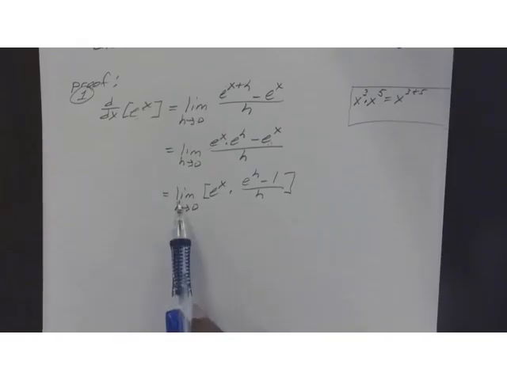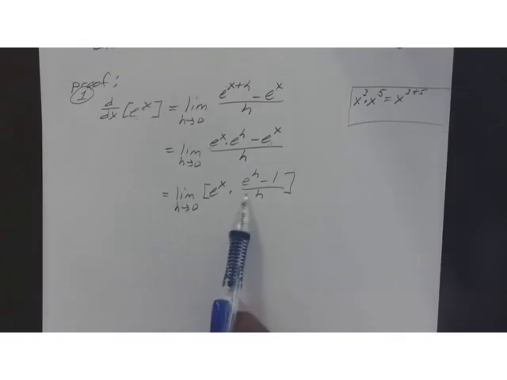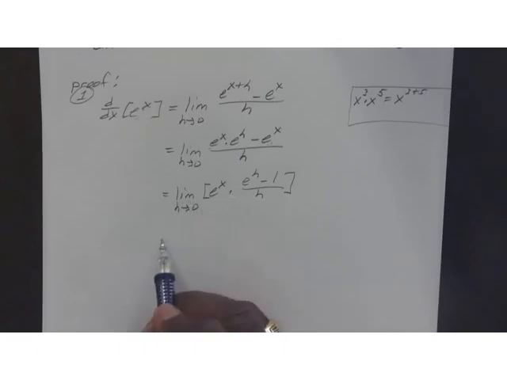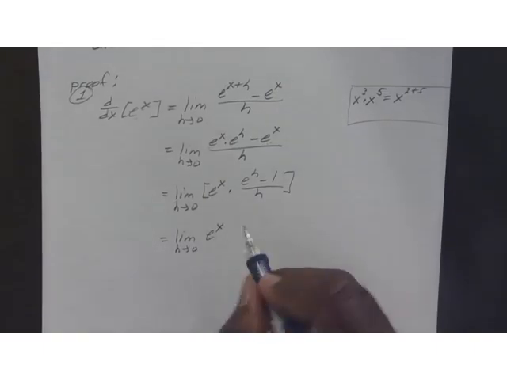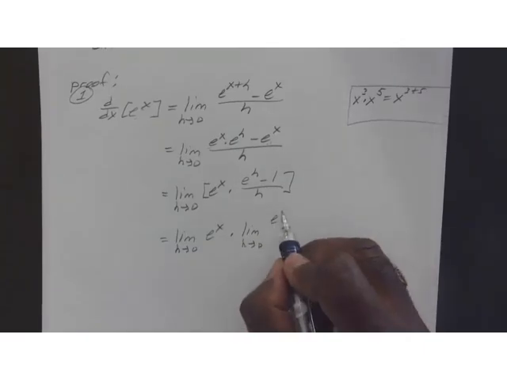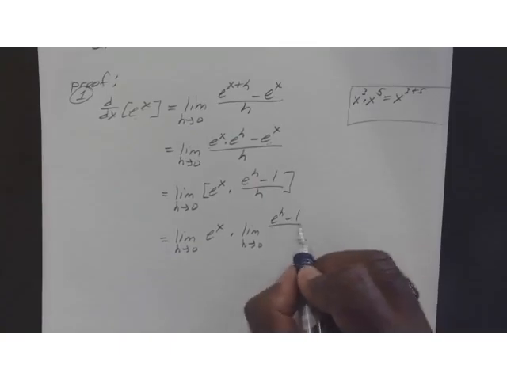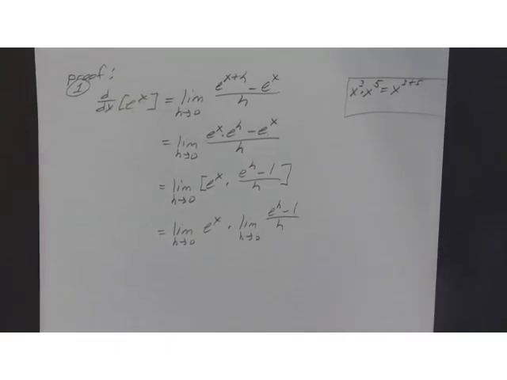Okay, so we know that from our limit properties, we can apply the limit to both of those. So that's just the limit as h approaches 0 of e to the power of x times the limit as h approaches 0 of e to the power of h minus 1 all over h.